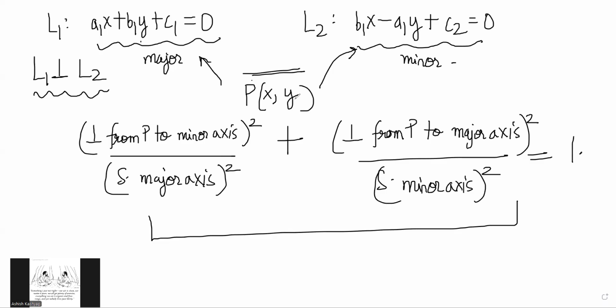So what we will do here is x comma y. Here I need to drop a perpendicular to the minor axis.